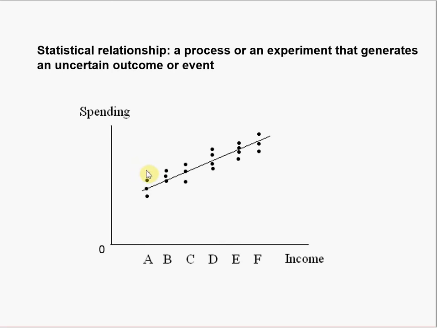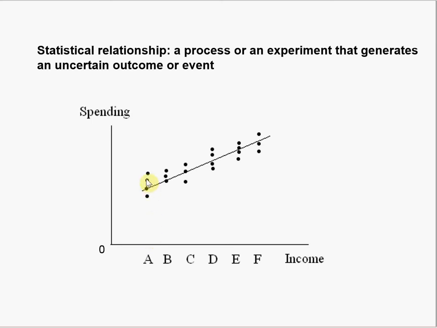People who earn the same level of income spend differently. Some people spend more, some people spend less. So you have a range of spending. You have a range of response from one variable to the other variable.